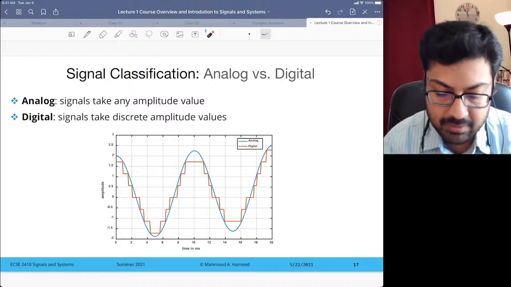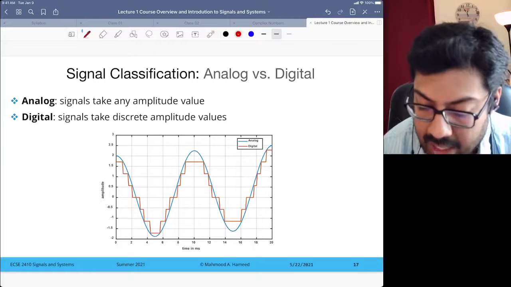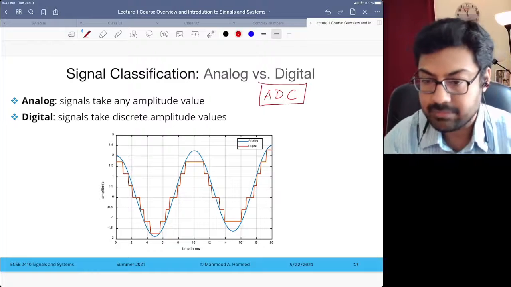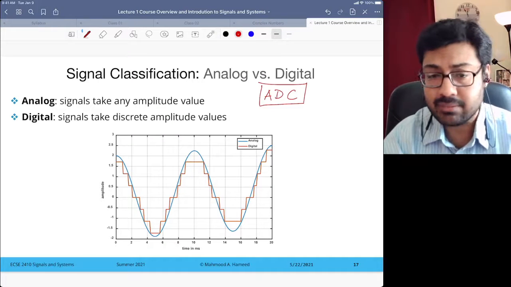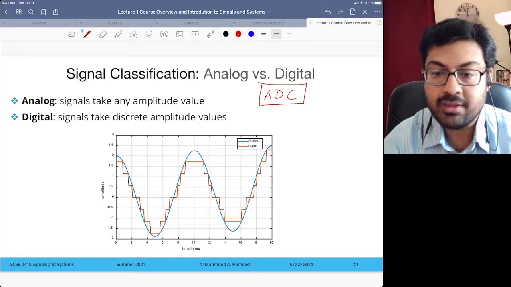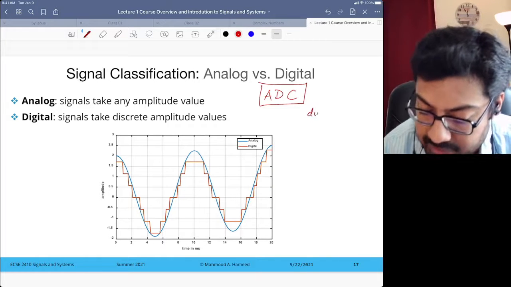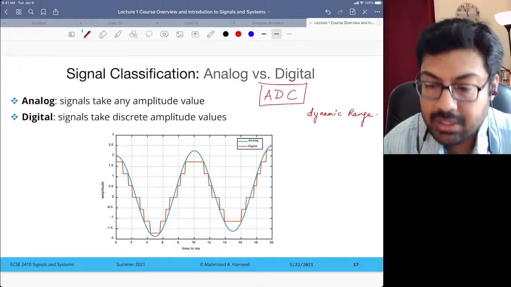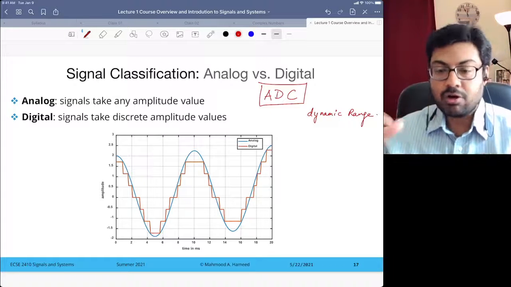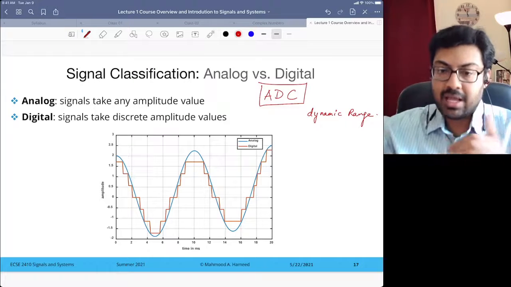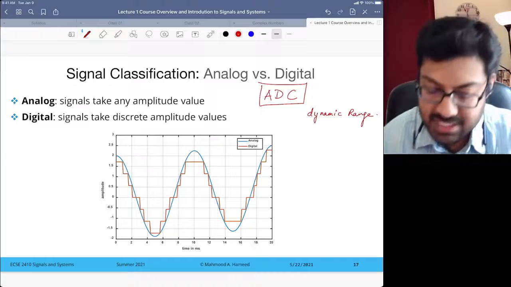So what did we do? We did an analog to digital conversion, ADC. How did we do it? The first thing we had to do is look at the dynamic range of the signal. What is the dynamic range? Dynamic range means, in the given amount of time that we are observing the signal, what is the highest and what is the lowest point. What is the range of that signal?